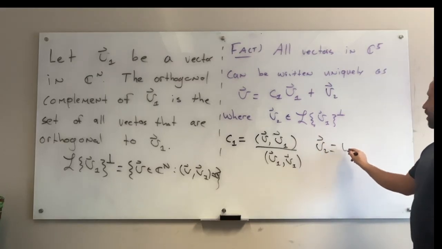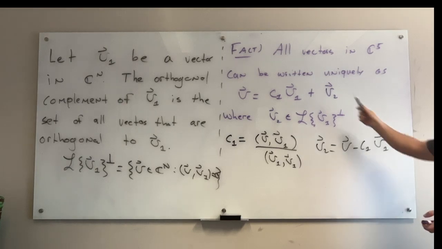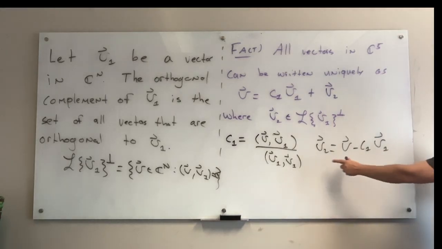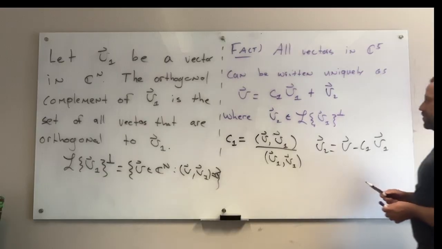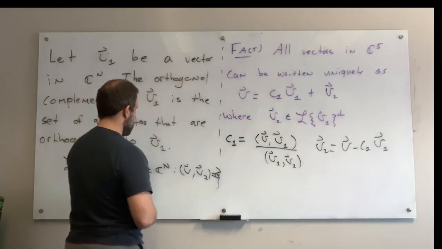V2 is just going to be equal to V minus C1 V1, where C1 is defined like that. Okay, and then their sum, trivially, is going to equal V. The main thing that we need to show now is that this vector V2 is orthogonal to V1.